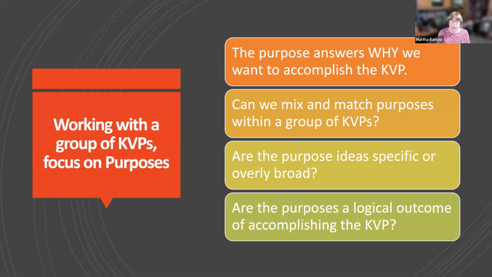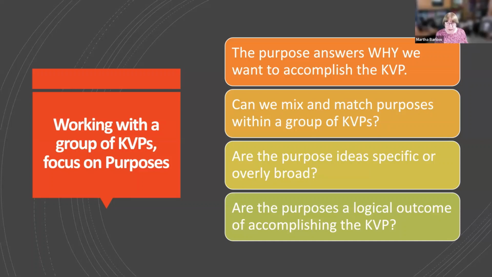And then what you can ask is, okay, we're going to talk about purposes. The purpose answers why we want to accomplish that action goal in the KVP. And with purposes, you can ask yourself, can we mix and match them? So if you take a couple of those related KVPs, come up with some purposes for them.